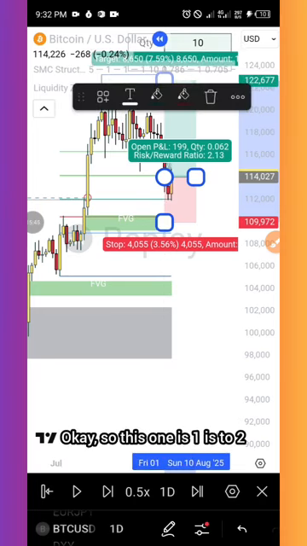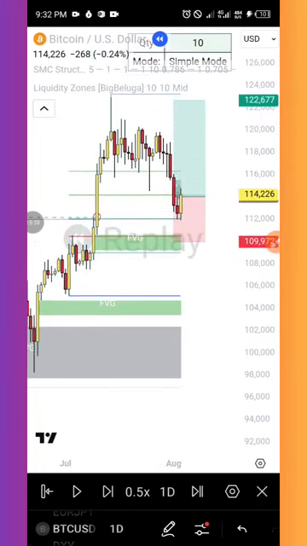Okay, so this one is 1:2. I'm taking my take profit to the highest high, the higher high.